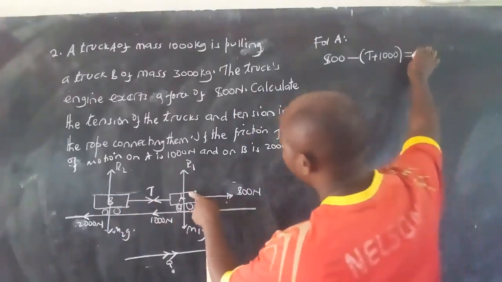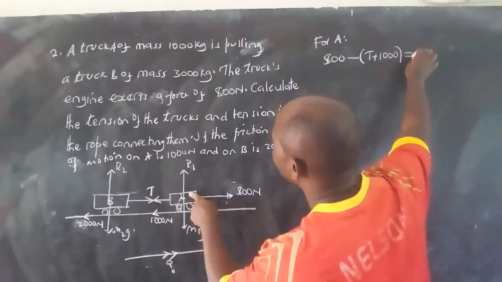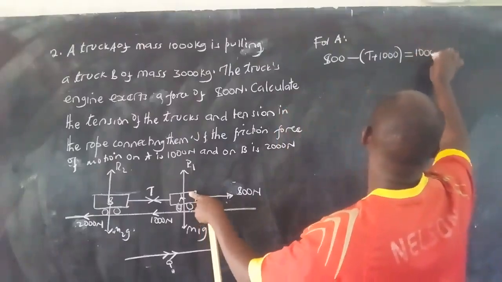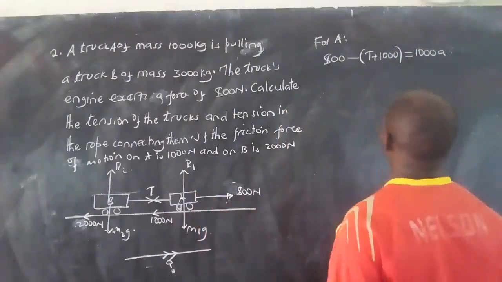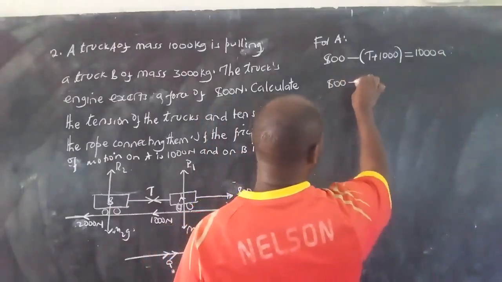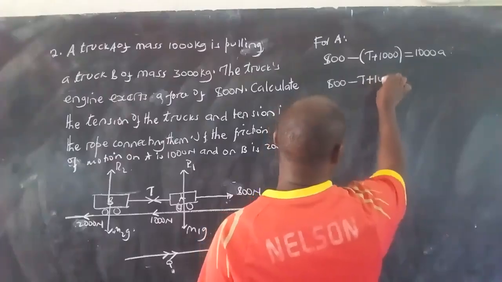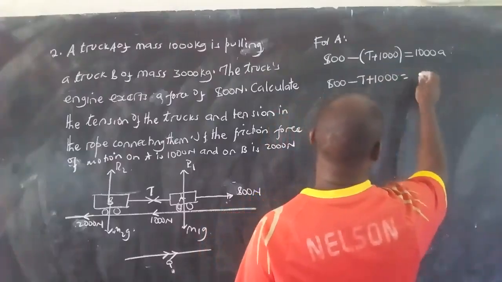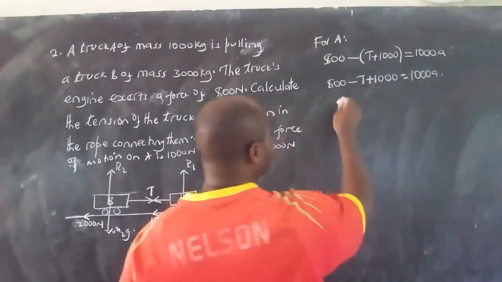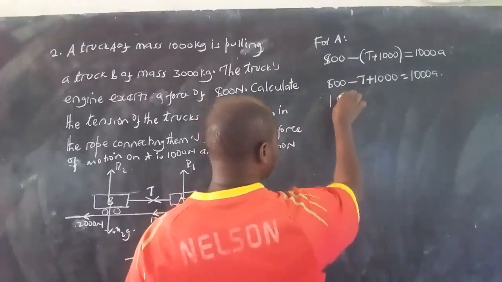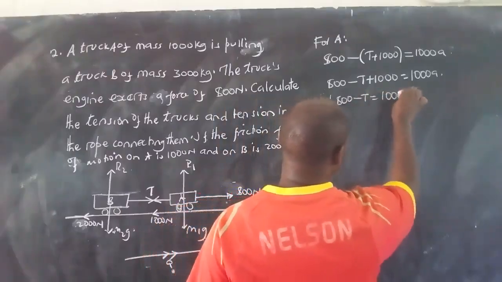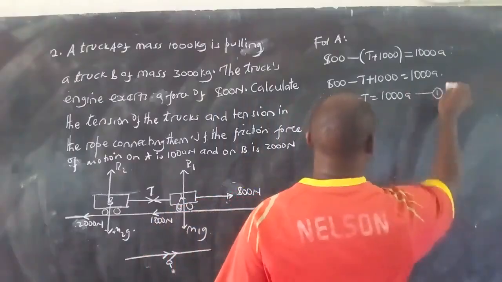So the mass of A is what? For A the mass is 1,000. So this is 800 minus T plus 1,000 gives us 1,000 A. So this is 1,800 minus T should give us 1,000 A. Okay, call it equation 1.